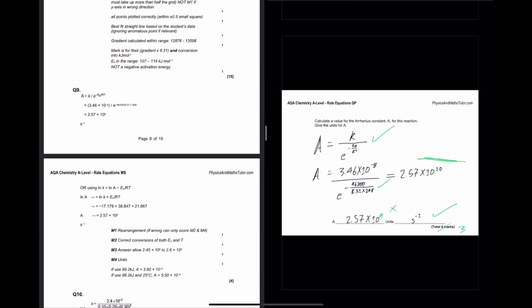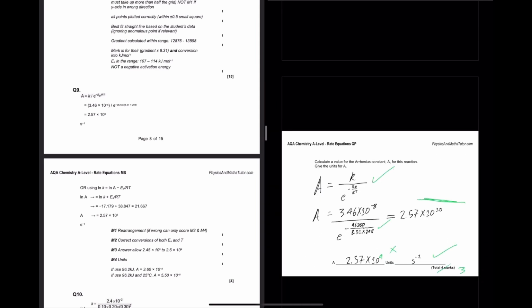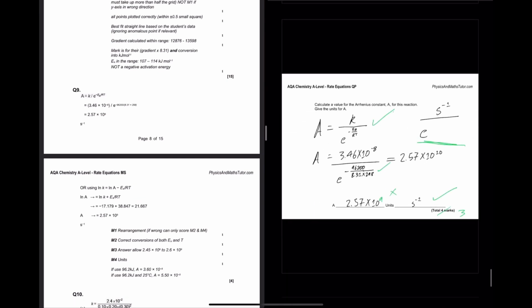So we know that, I'm just translating this into the units here. Our K value is just s to the power of -1. That's all we have. And then we have E, our activation energy, which is in kilojoules per mole, but we converted ours into joules per mole.